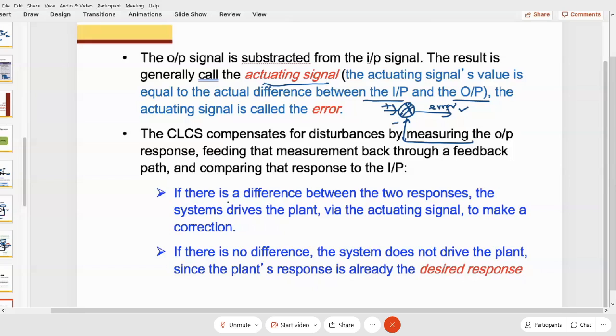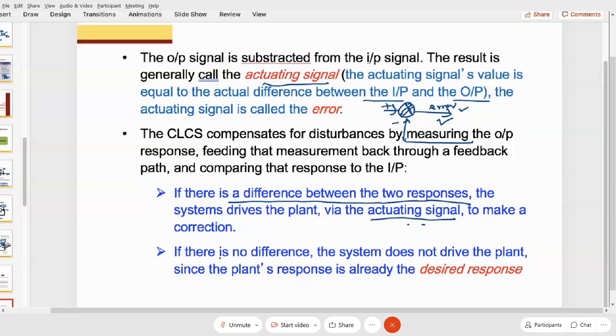If there is a difference between your input and your output, the system drives the plant via the actuating signal to make a correction. For example, if the temperature difference increases, the power to the heater will be increased to make sure your output temperature equals your set point. This is the function of the actuating signal, to make a correction.